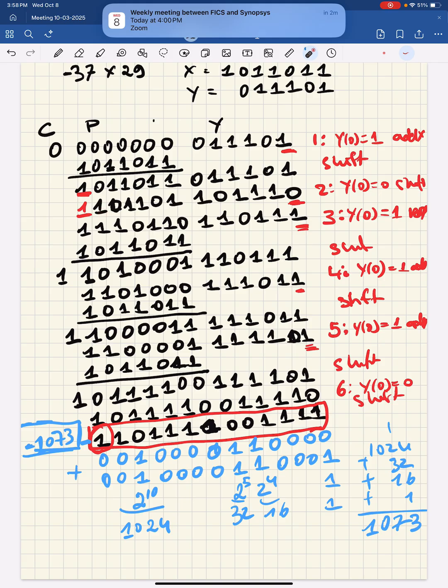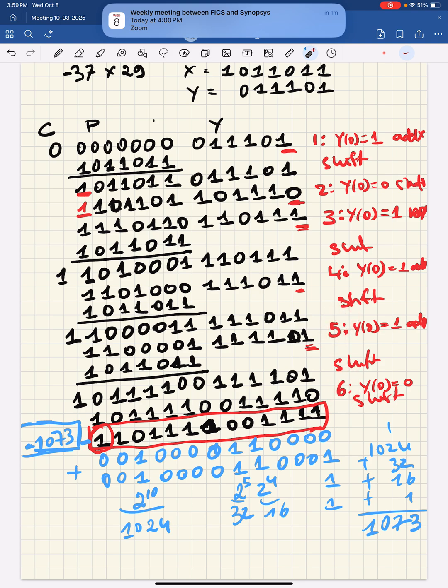The corresponding number of steps is the width of this multiplier. Our multiplier has 1, 2, 3, 4, 5, 6 bits. That's why we went first iteration, second iteration, third iteration, fourth iteration, fifth iteration, and sixth iteration.